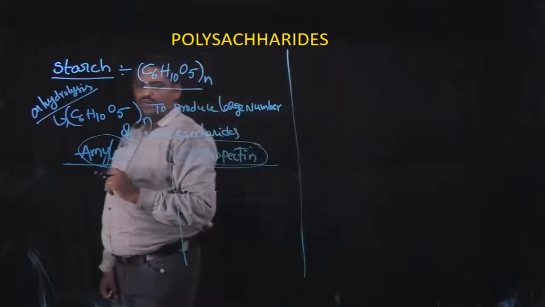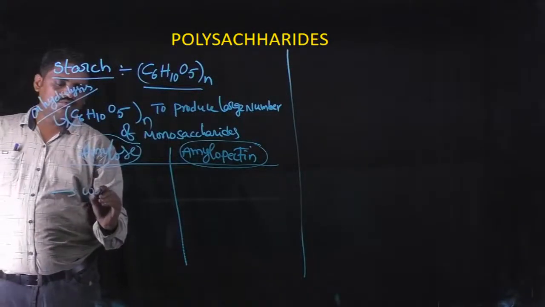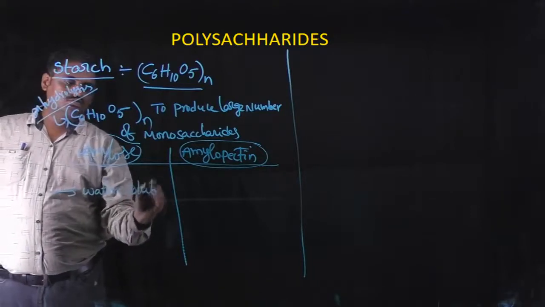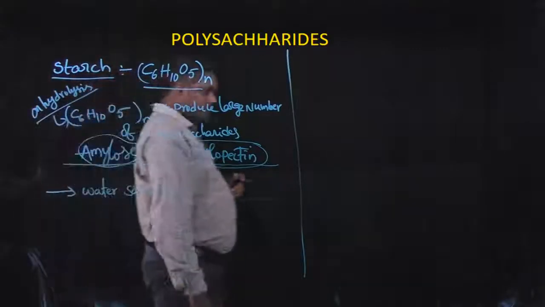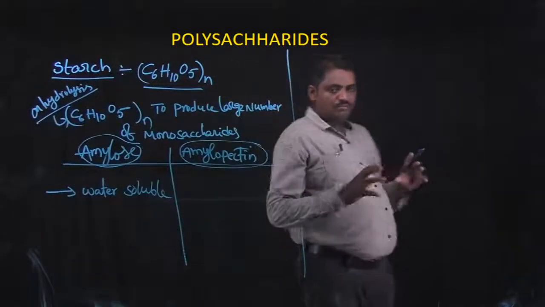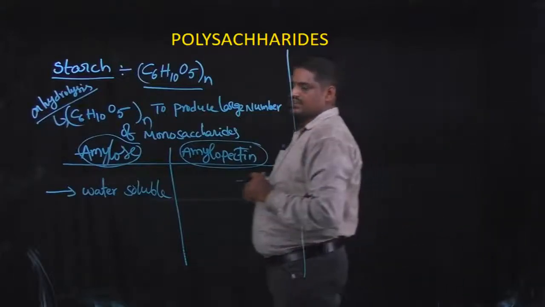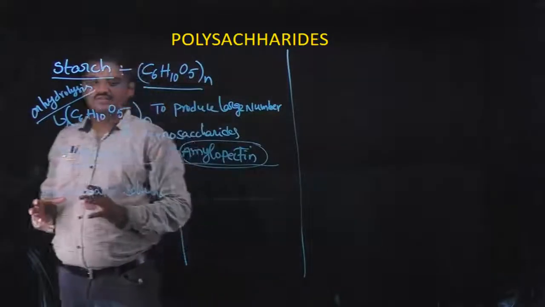So the amylose is water soluble. This is a branched chain structure. This is completely soluble in water.